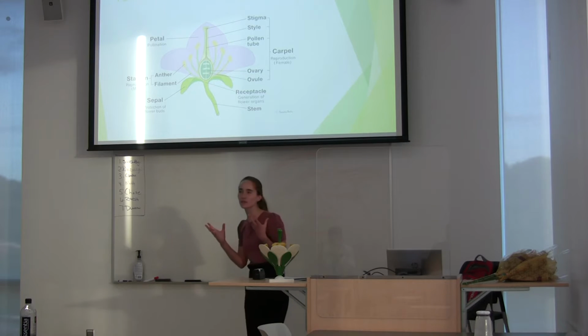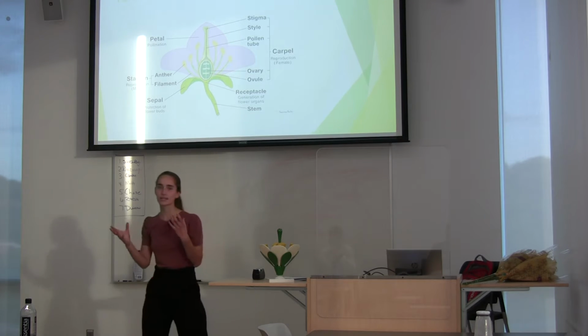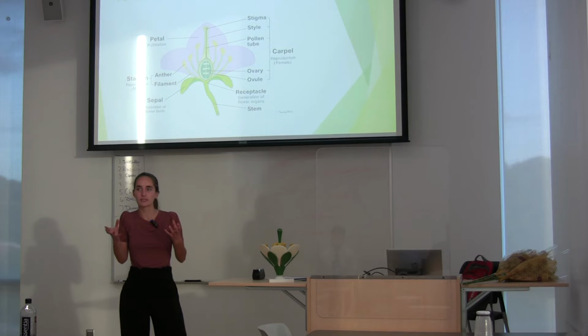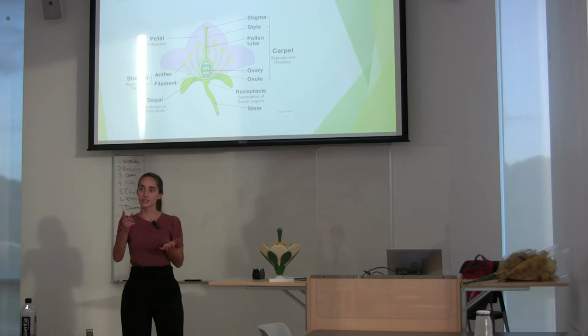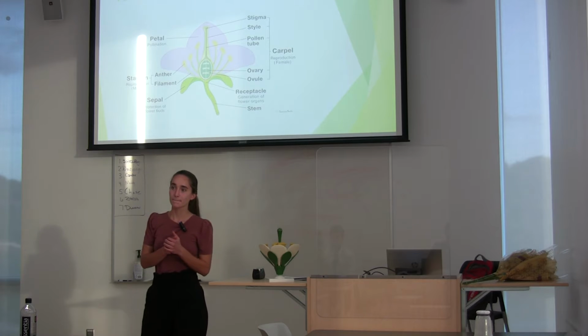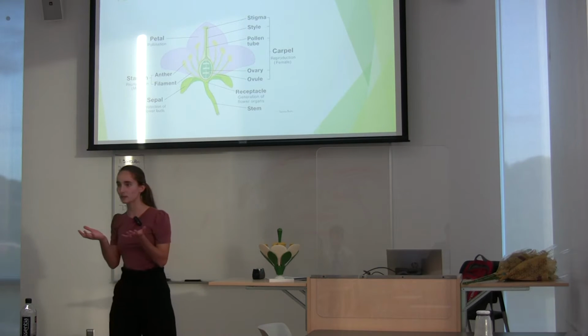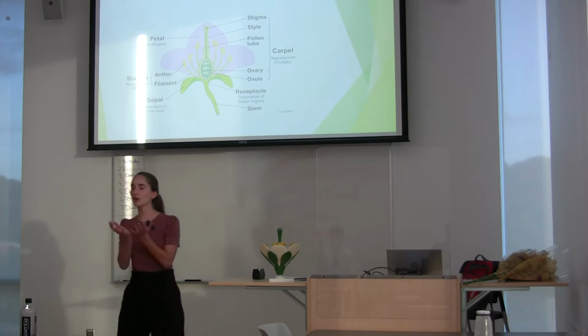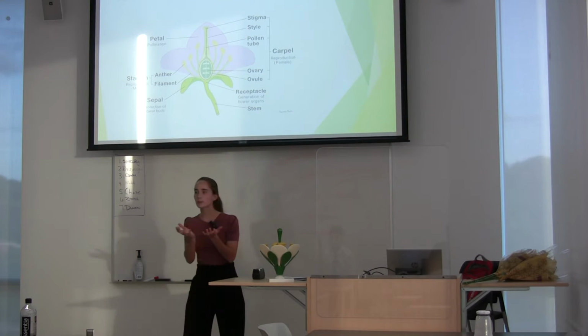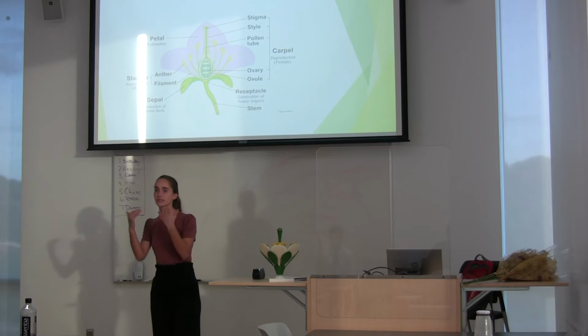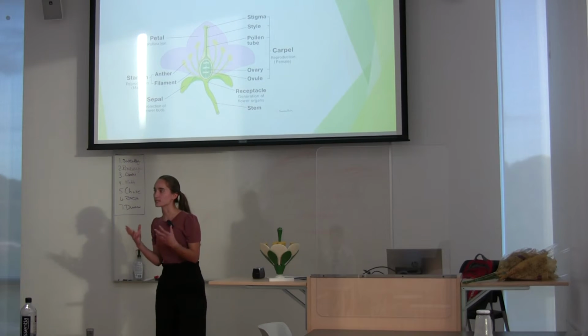Can anyone think of a use for the sepals? What do you think the part just outside does? Yes, Shelby. Maybe it's structural. Yeah, it often supports the petals. Also, when the bloom is closed, the sepals wrap around the petals and protect them so the flower is not damaged.